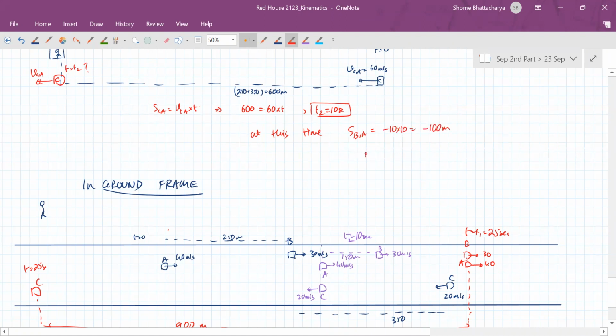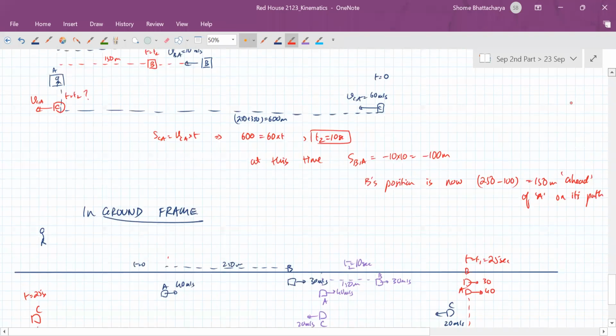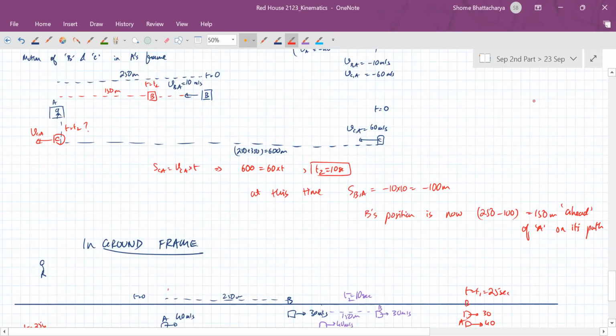So B's position is now 250 minus 100, that is 150 meters ahead of A on its path. On A's path, B is, so that also we can see in this diagram, that this is 150 meters.